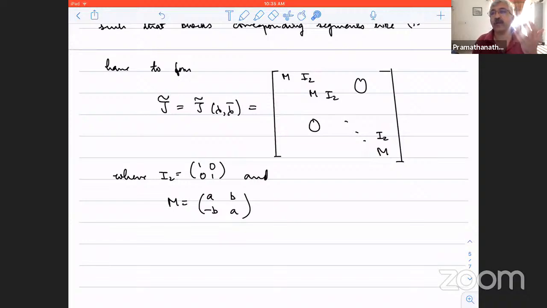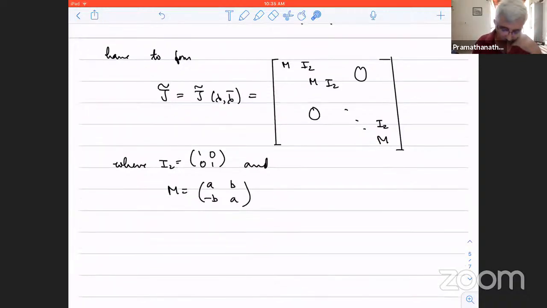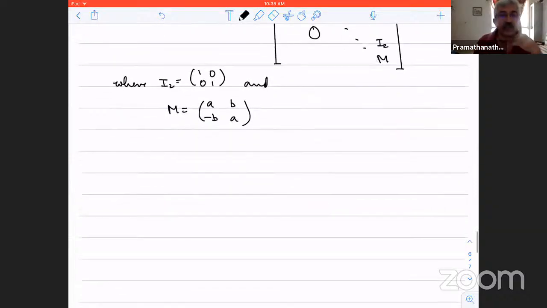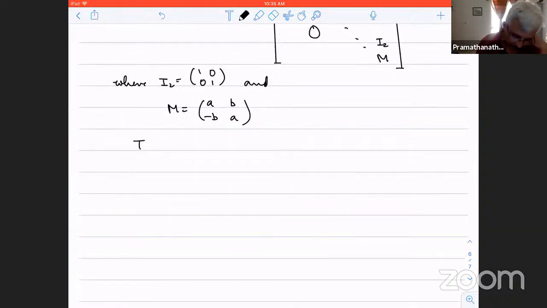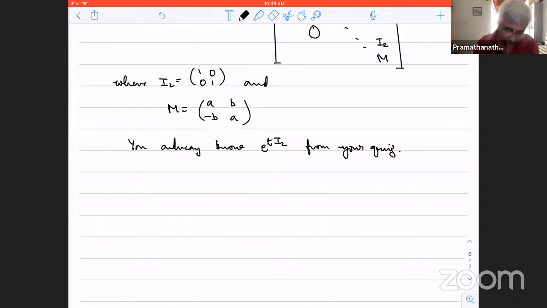These commute, so it's quite easy to work out. You already know the exponential from your quiz. It has a certain form and it's quite easy to see. This is part of your homework.